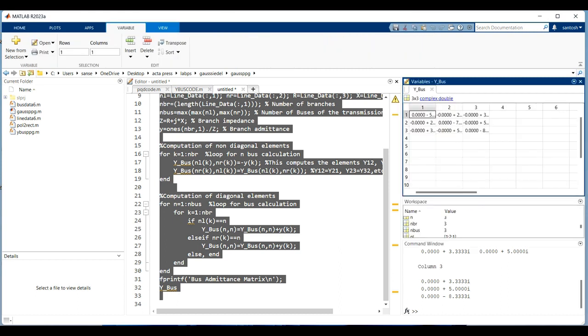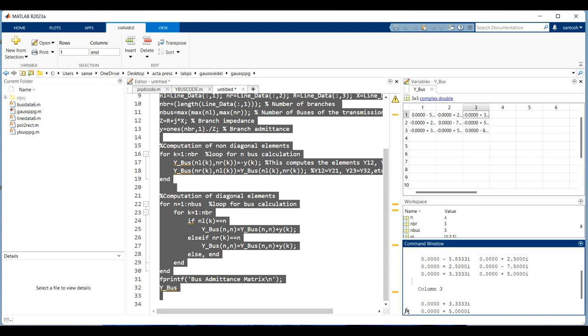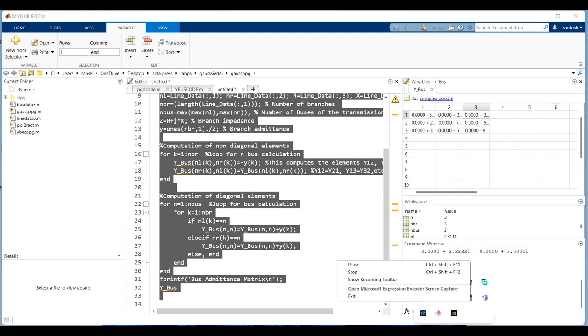Y11 is equal to minus 5.833 i, and y12 is equal to 2.5 i, and y13 is equal to 3.333 i. Similarly, y21 and y12 identical, y23 and y32 identical, and y31 and y13 identical, and finally y33 is equal to minus 8.33 i, all same.